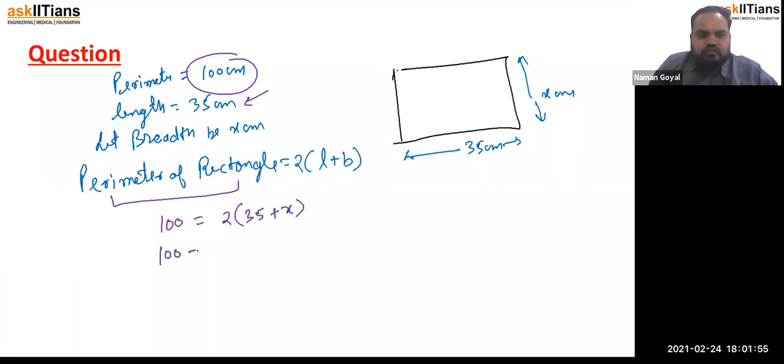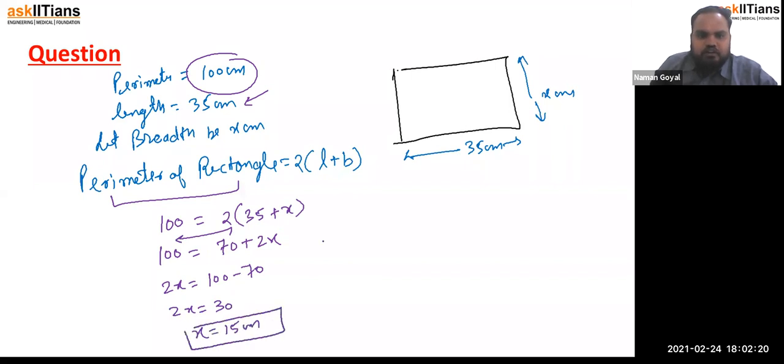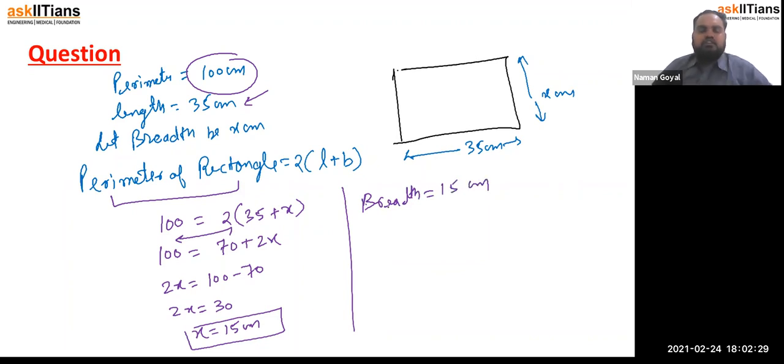If I solve this equation by using the concept of algebra, 2 into 35 is 70, plus 2 into x, which is 2x. Now we have to take this to this side. So 2x is equal to 100 minus 70. So 2x is equal to 30. The value of x is 15 centimeter. So we can say that the breadth is 15 centimeter.